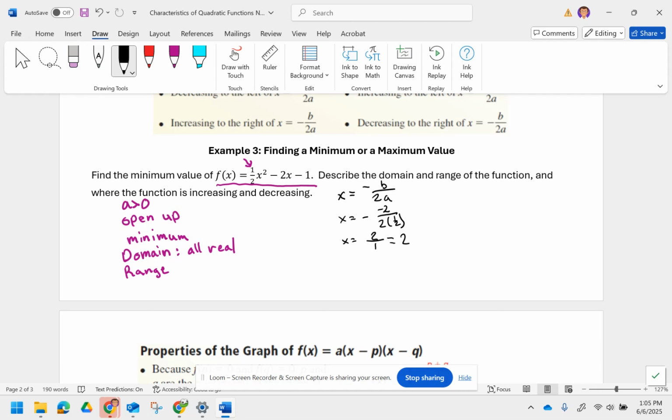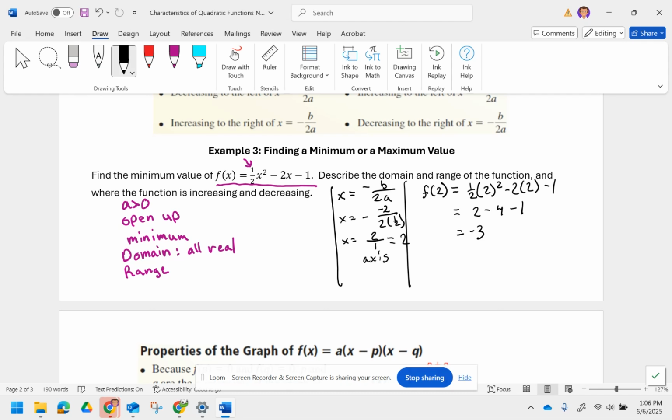Okay, so we now know this is where the axis is. I need to know where the actual minimum was, though. So we're going to put this value 2 into our equation. So f of 2 is going to equal 1/2 of 2 squared minus 2 times 2 minus 1. So it'll be 4. Half of 4 is 2 minus 4 minus 1.